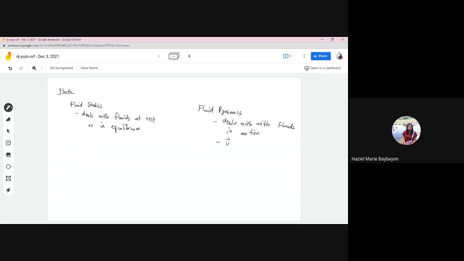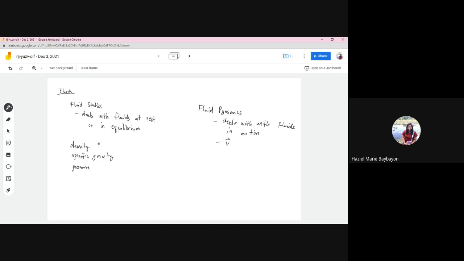All right, so fluids that are at rest or in equilibrium, we can actually describe its interaction with another fluid or solids by describing its density. We have also the specific gravity. So density and specific gravity are physical quantities ni siya class that can be described with a number and a unit. Okay, so we have density, specific gravity, and then we have pressure.